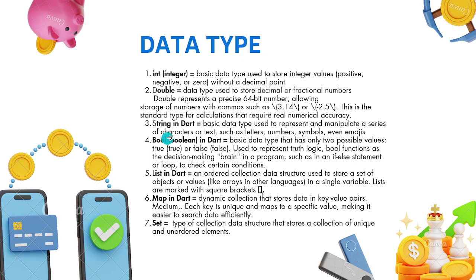Bool or Boolean is a basic data type that has only two possible values, true or false, used to represent truth, in logical Boolean functions or loops to check conditions.